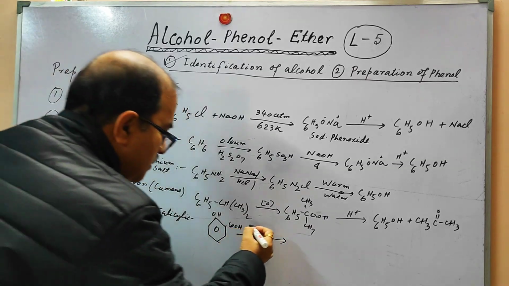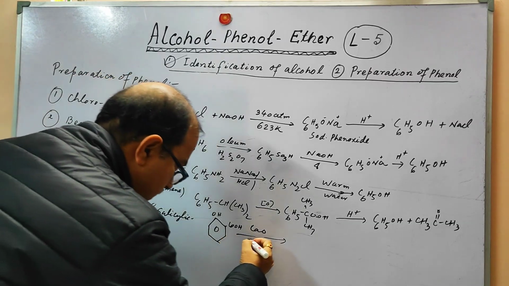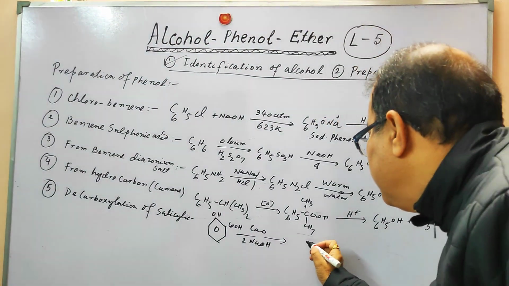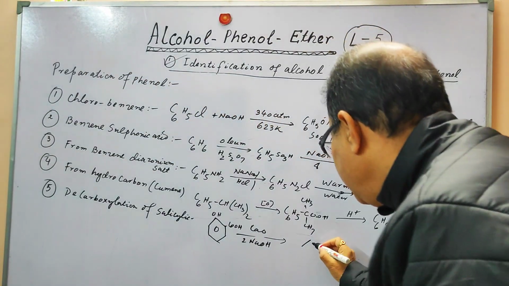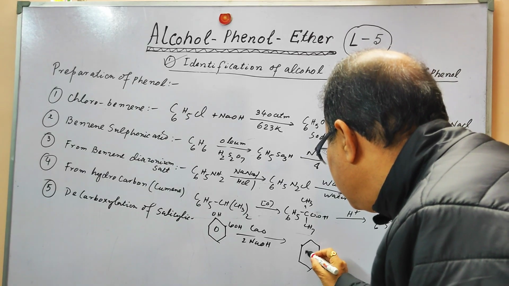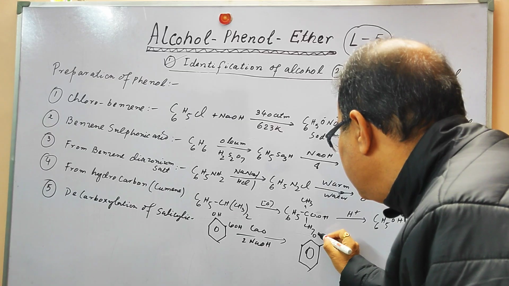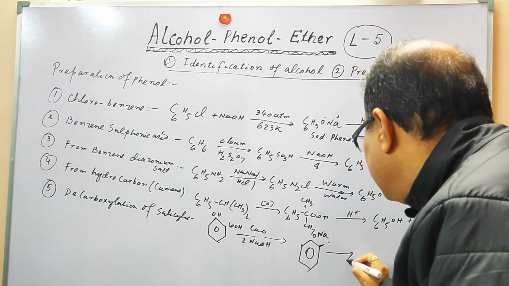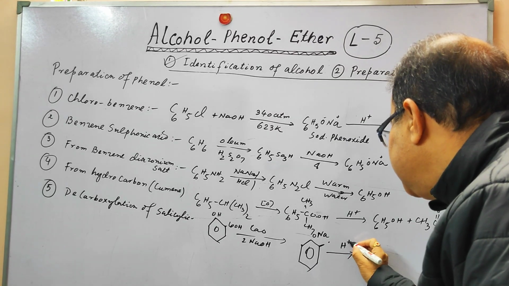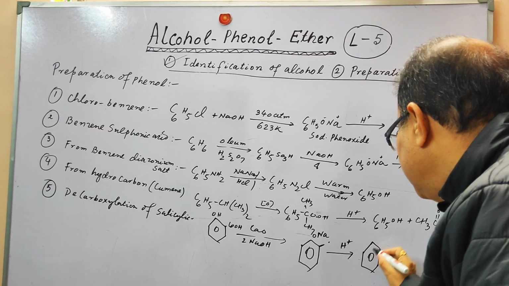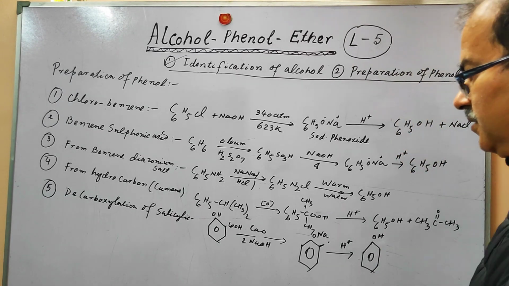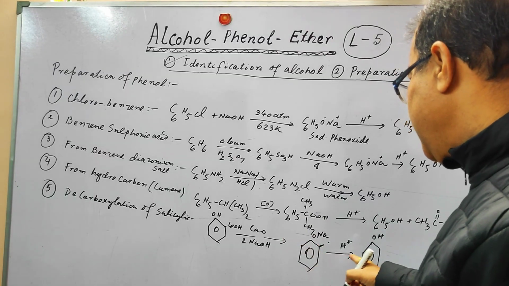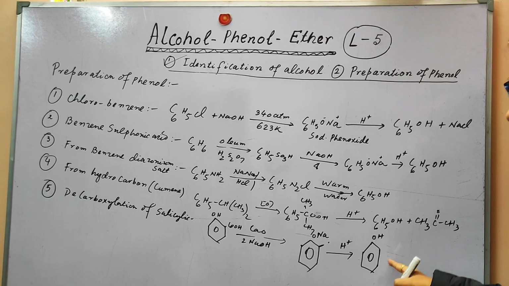When it is heated with CaO, soda lime and NaOH, it will be decarboxylated and produce the sodium phenoxide, and after that when we hydrolyze it, we will get the phenol.